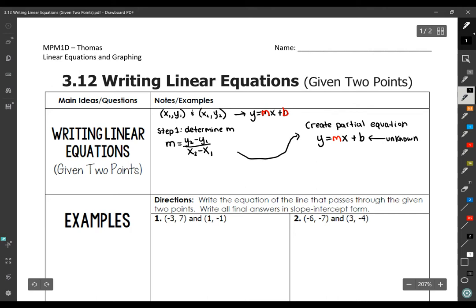So to solve for b, we're going to have to substitute either of the points. Sub one of the 2 points back into the equation and solve for b.